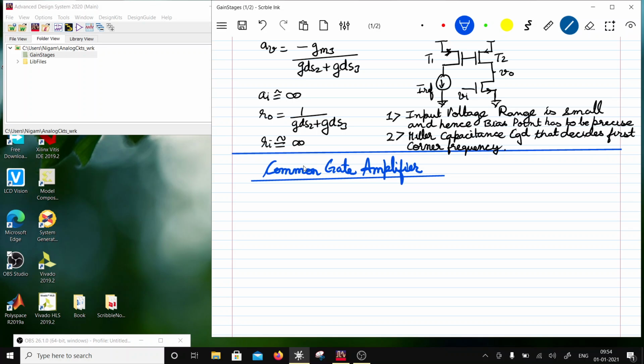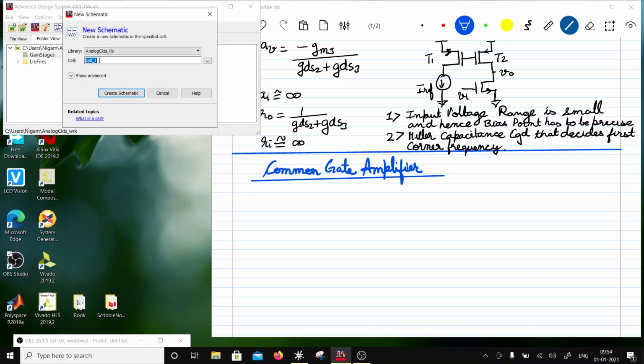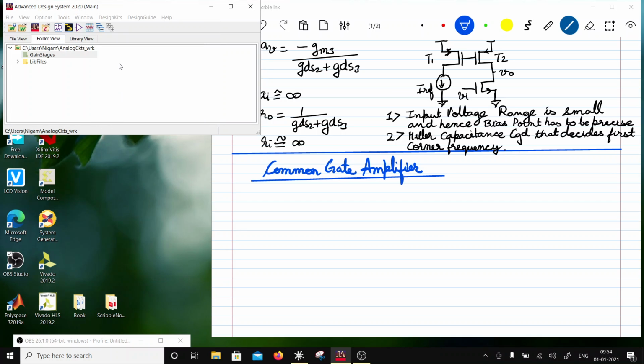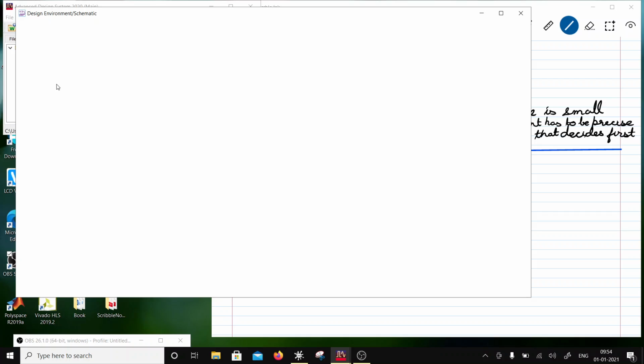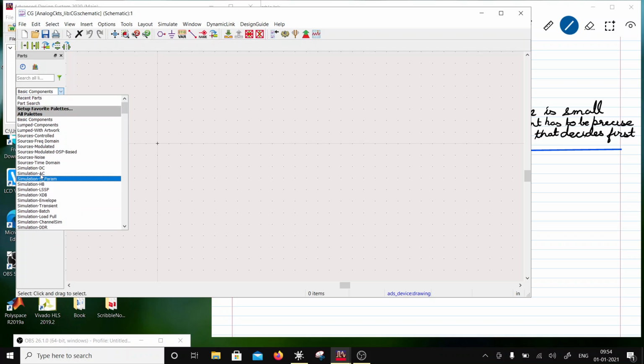So let's put together a common gate amplifier. Under gain stages, I'm going to create a new schematic, and I will call this CG. So I have a current mirror load.